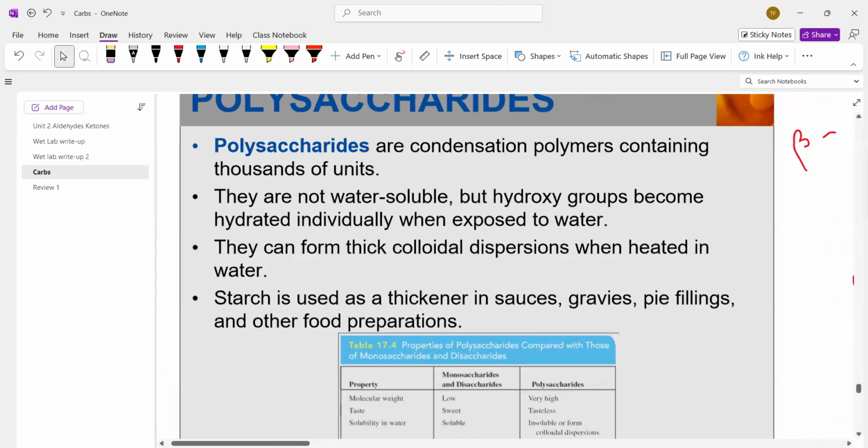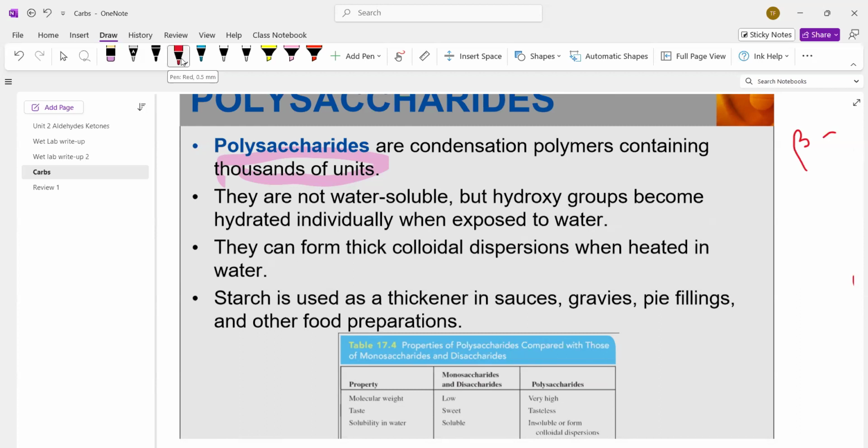What's interesting about polysaccharides is they're not all that soluble in water. So to thicken something like a gravy, you mix it up in cold water, not hot water, because the cold water will disperse the polysaccharide.